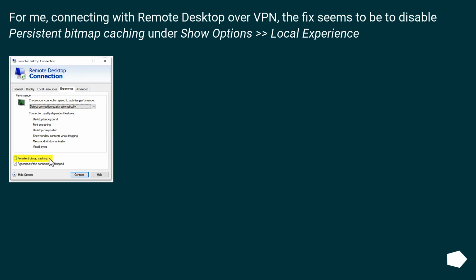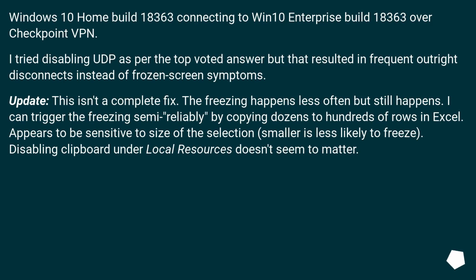For me, connecting with Remote Desktop over VPN, the fix seems to be to disable persistent bitmap caching under Show Options, Local Experience. Windows 10 Home build 18363 connecting to Win 10 Enterprise build 18363 over Checkpoint VPN.